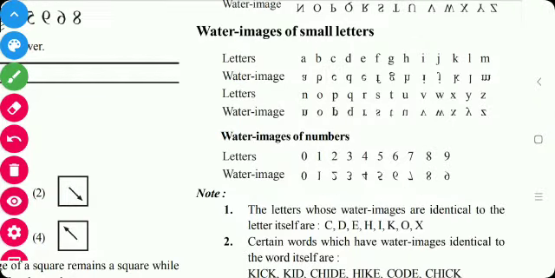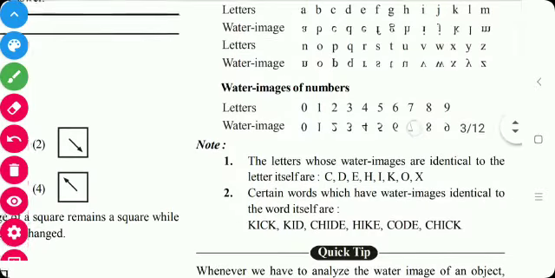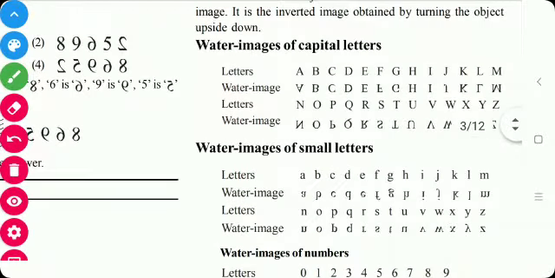Okay, so the important note for water images: the letters whose water images are identical to the letter itself are C, D, E, H, I, K, O, X. So the water images of these letters are similar.